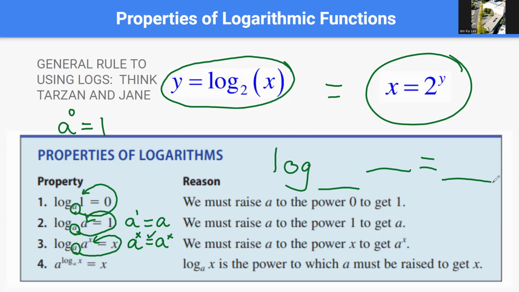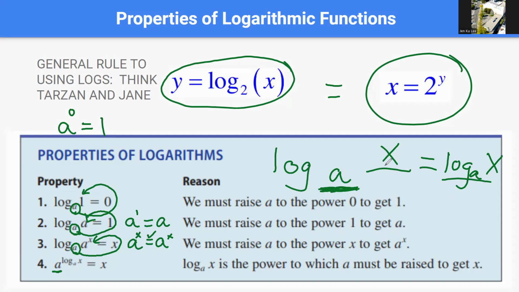Okay, this is Tarzan. This first blank on the bottom here is your base, and your base here is A. So log base A of what's my Jane? It's the power. Log base A of X equals X. Yeah, that's true. Log base A of X equals X. They both equal each other, correct?